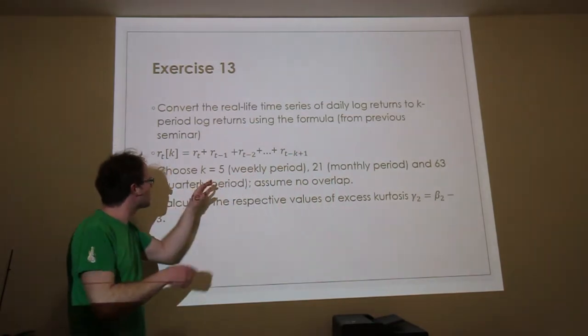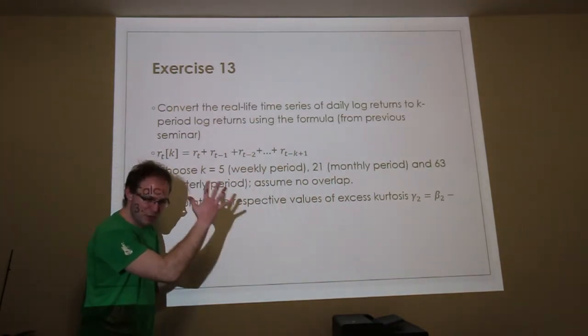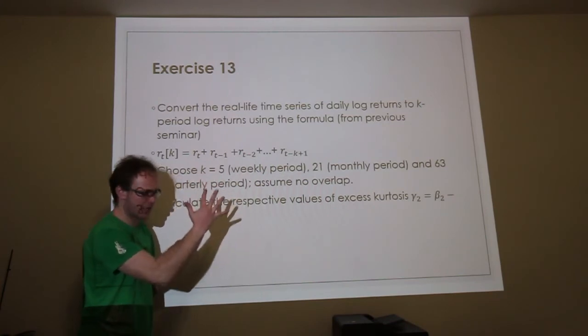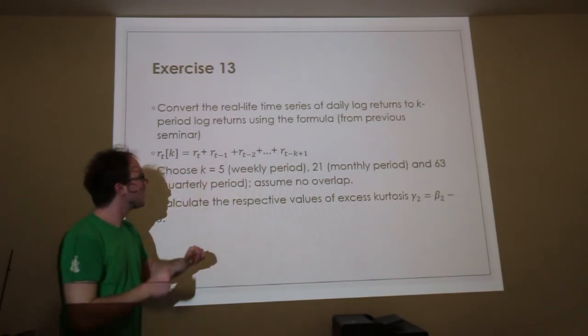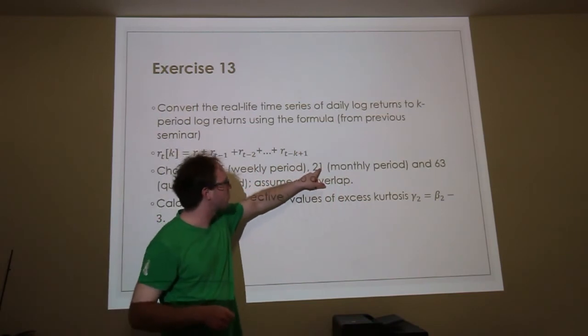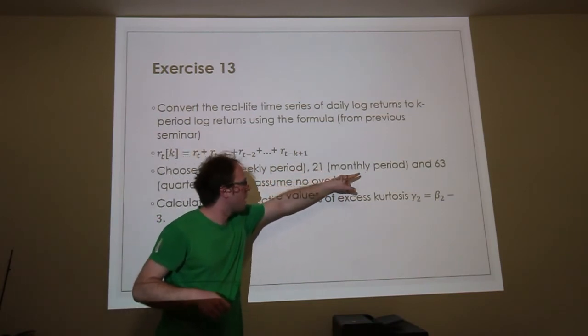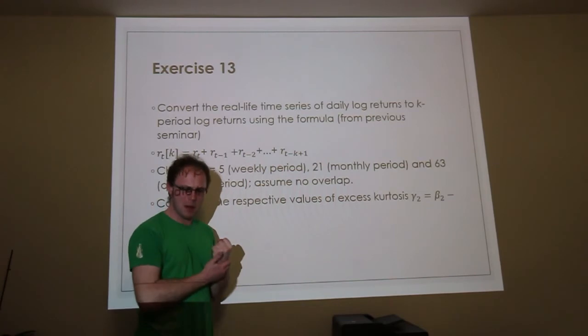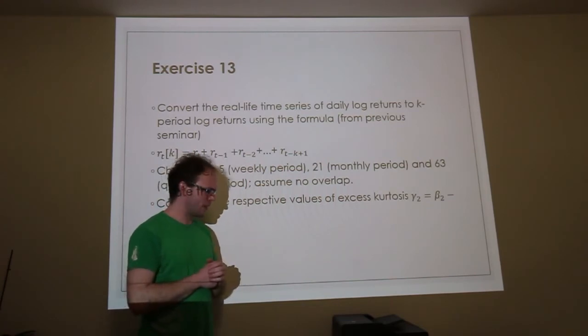What does it mean? It means a 5-day working week. For the monthly period, k is 21.